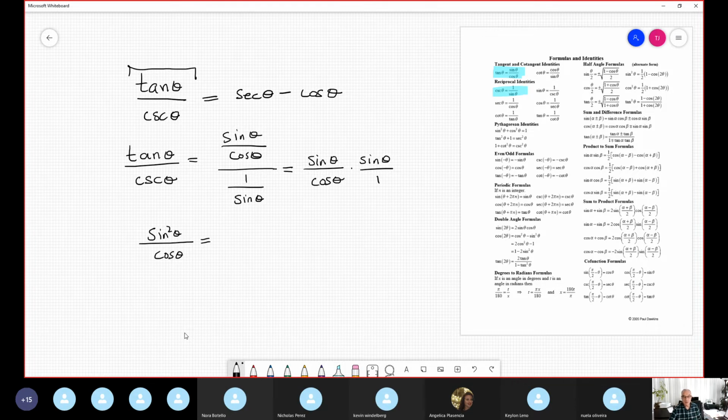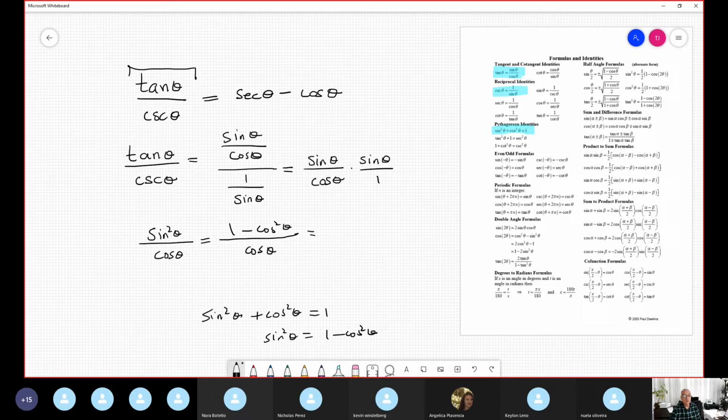But again, we come back to the famous identity you use every day: sine square theta plus cosine square theta equals 1, no? It's similar to say sine square theta alone is 1 minus cosine square theta. You replace it: 1 minus cosine square theta divided by cosine.